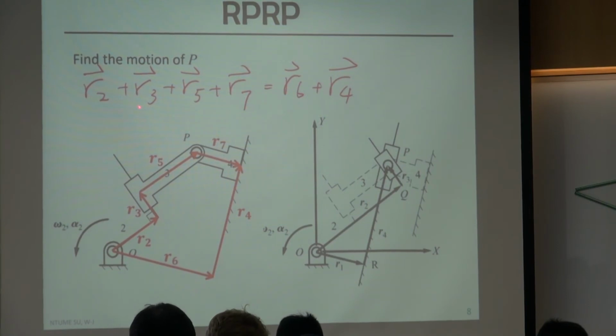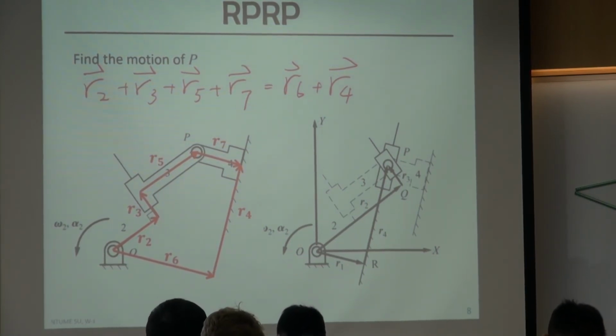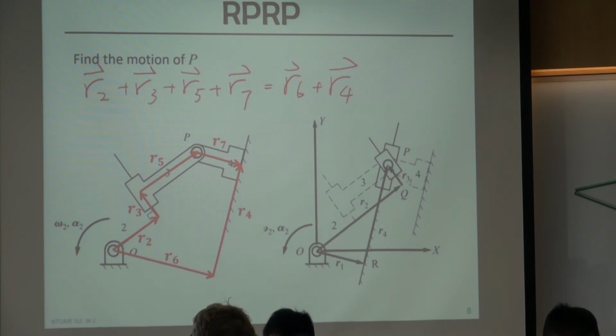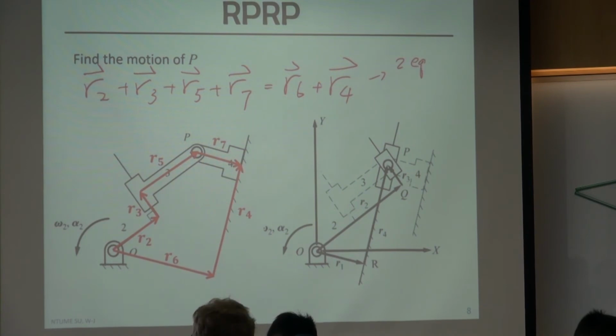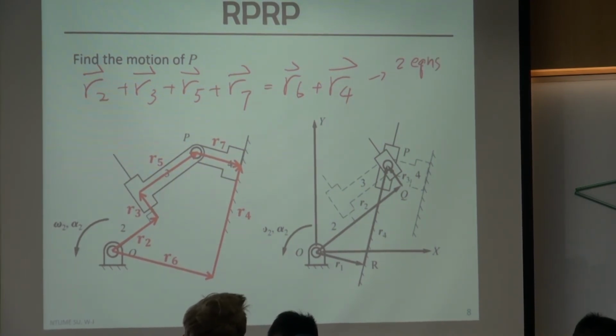Although we have so many vectors now, we have only one vector equation, and this equation can generate two scalar equations. So we need to make sure that among these two equations, there are only two unknowns. Otherwise, this won't help us solve for the unknowns. If we have more than two unknowns, then we will need more equations.